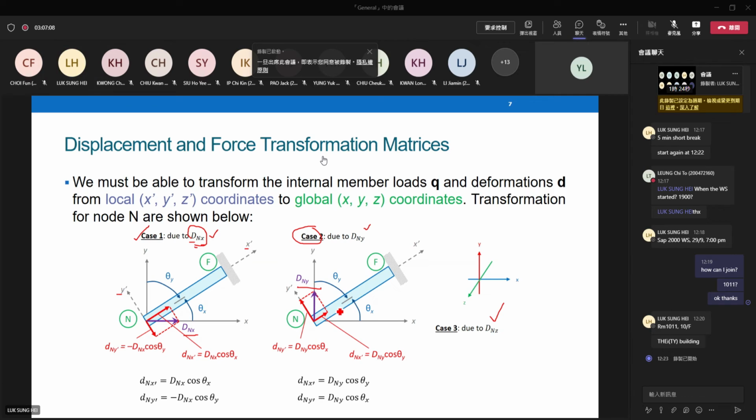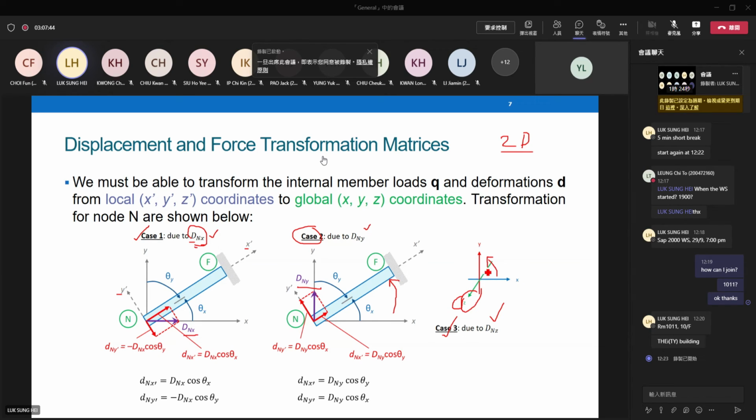Finally, the last one at node n is case three, DNz. DNz means the z-axis. The z-axis is the one pointing outwards of the paper, which corresponds to the bending axis. For bending, you can use the right-hand rule to define the bending moment directions. For 2D problems, after this rotation of the coordinate axes, nothing changes to the z-axis.